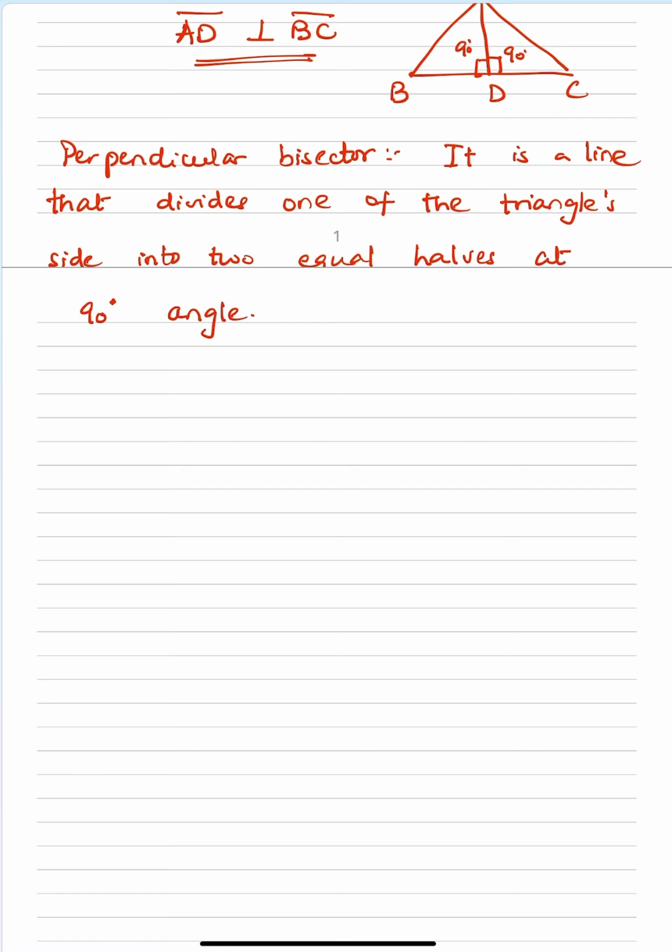Okay, it is a line that divides a triangle's side, that means this side, into two equal halves at 90 degrees. So if we prove that these two angles are 90 degrees, then we can say that AD is perpendicular to BC.